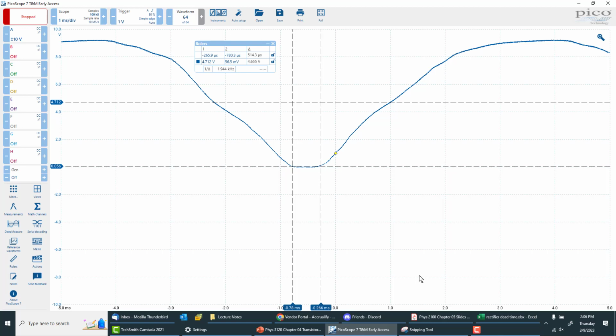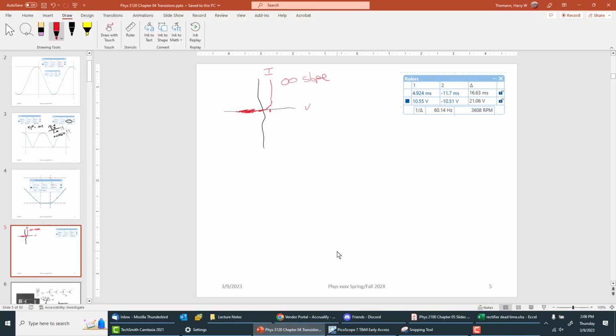Okay, well, I can refine this, but I've gotten to the point where I'm within plus or minus 10%, so I tend to want to just give up.